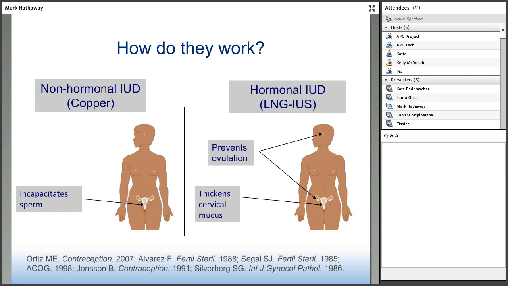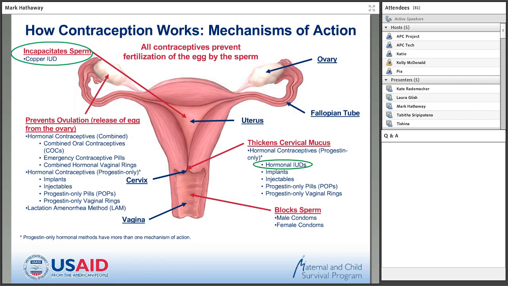The cervix is particularly susceptible to progestins, so progestins thicken the cervical mucus so the sperm never passes through and never gets to the egg. There's a secondary mechanism of action by inhibiting ovulation to some degree, but its main mechanism is thickening the cervical mucus. So again, fertilization is thwarted.